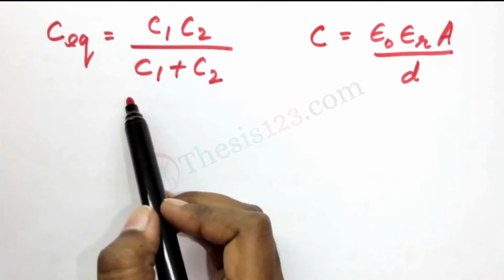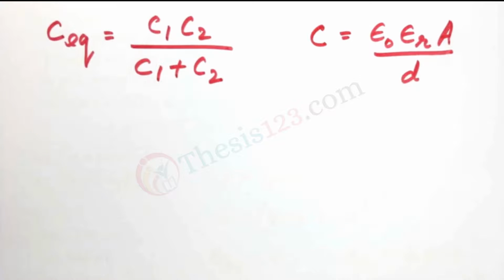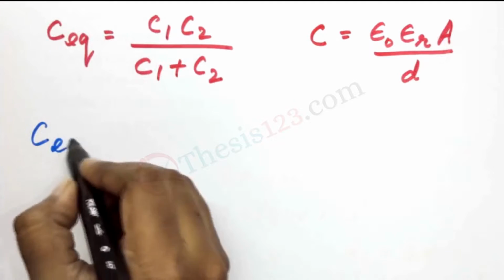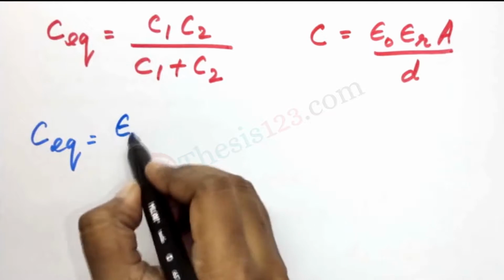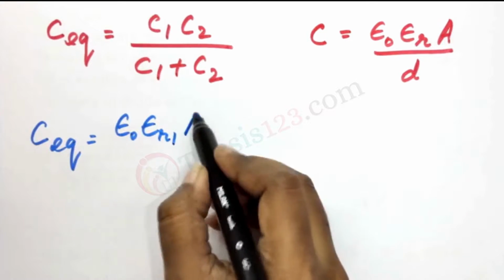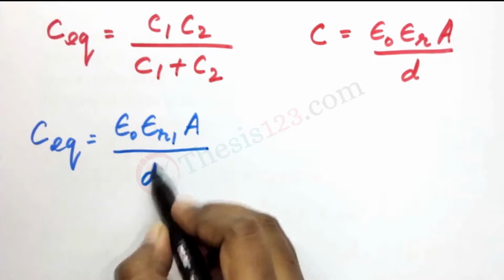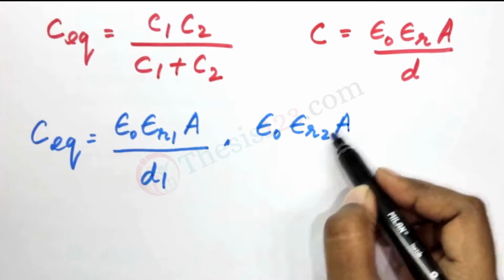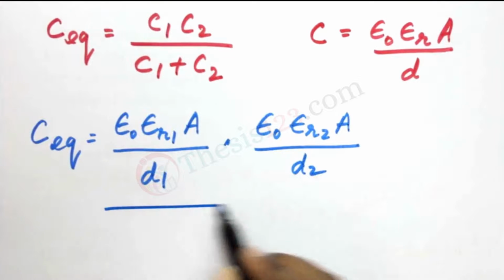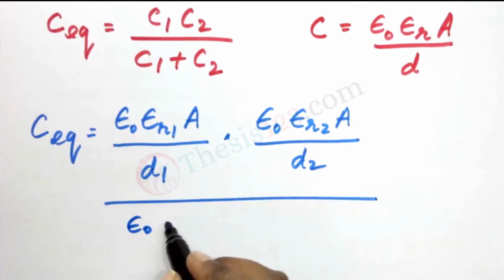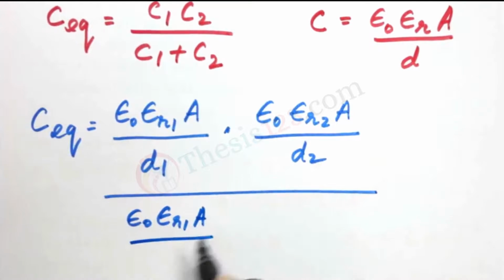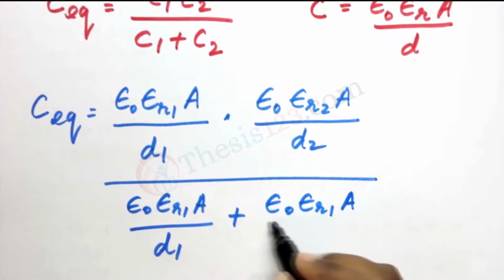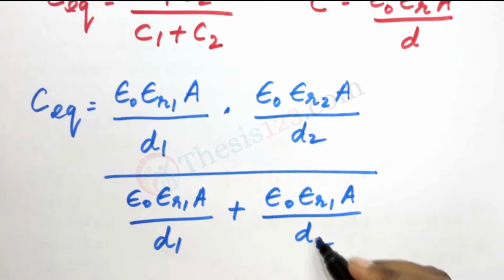Now if we substitute this into the equivalent expression, let's write that down: C equivalent is equal to epsilon naught epsilon r1 A divided by d1 times epsilon naught epsilon r2 into A divided by d2, all over epsilon naught epsilon r1 A by d1 plus epsilon naught epsilon r2 A by d2.